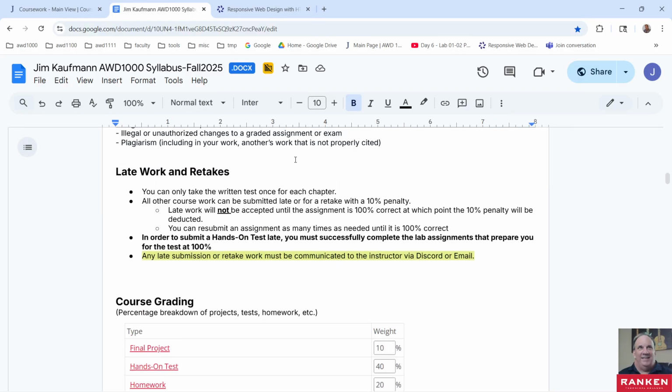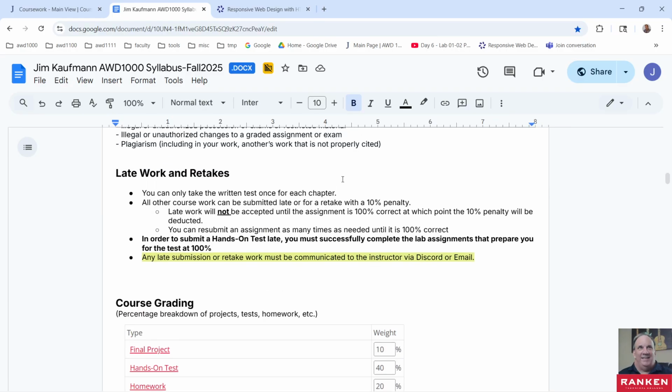Late work and retakes. One thing that has changed, and I'm going to have to see how this works. Before, your written tests were due when they're due, that's it. You get your grade on that, and that's it. You can't retake them.